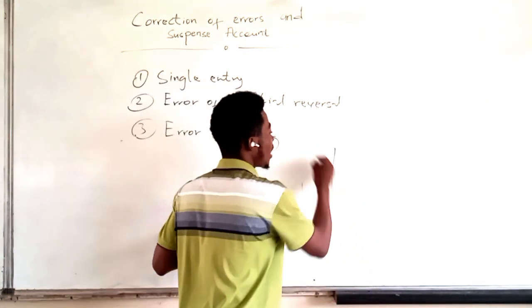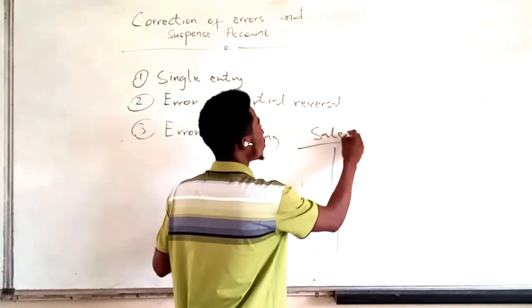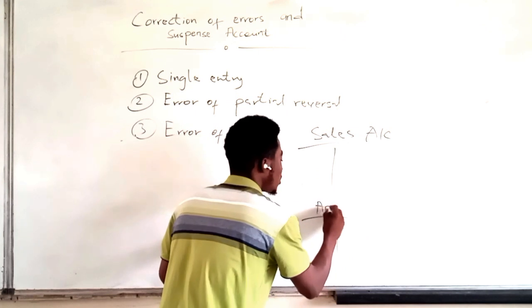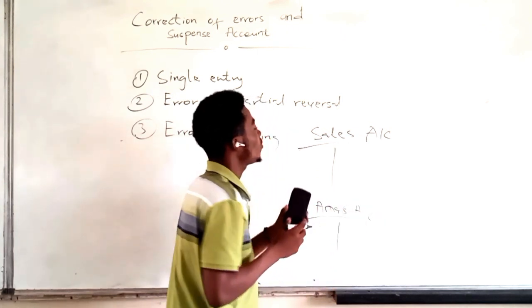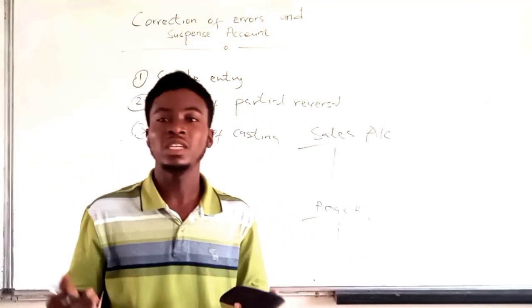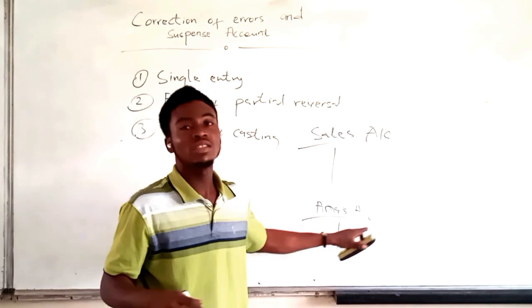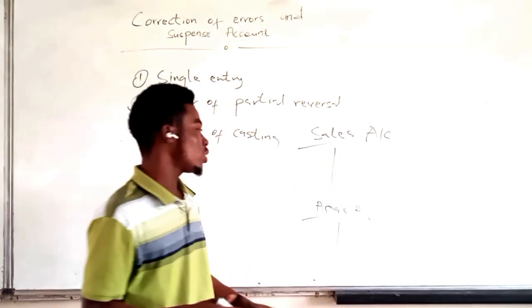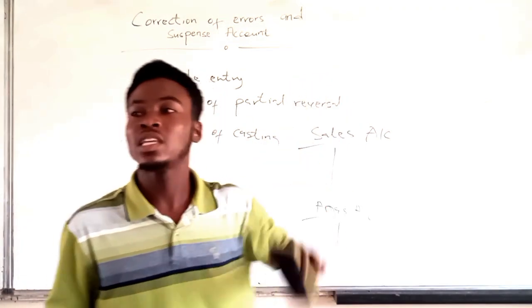So let's say we have two accounts: we have the sales account and we have Ama's account. Let's say a transaction was made and Ama purchased goods worth 2,000 from us, so we are supposed to debit Ama's account with 2,000 and credit the sales account with 2,000.